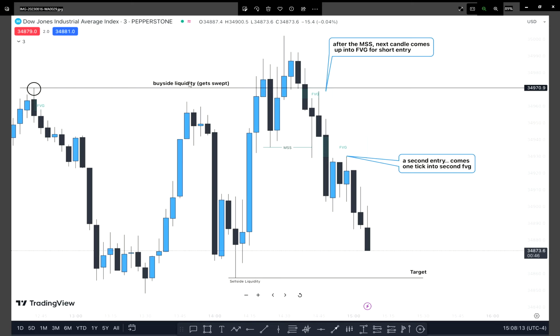Once banks see a level, once they see buy side liquidity, they want to sell into that. They're probably trying to sell around that very tip there. They want to get in as early as possible. They want to sell on top of the buy side liquidity that's coming in from the retail traders or investors.